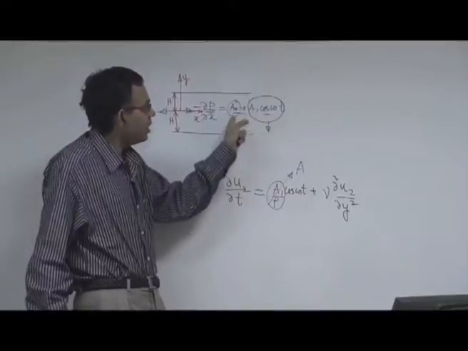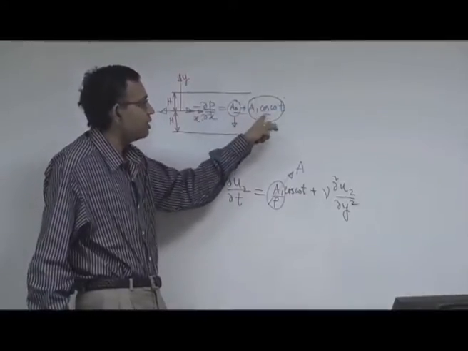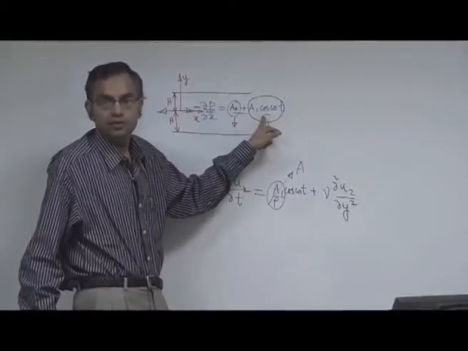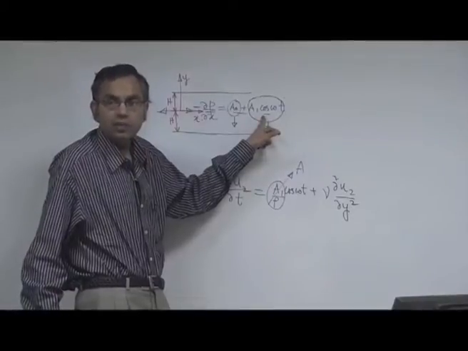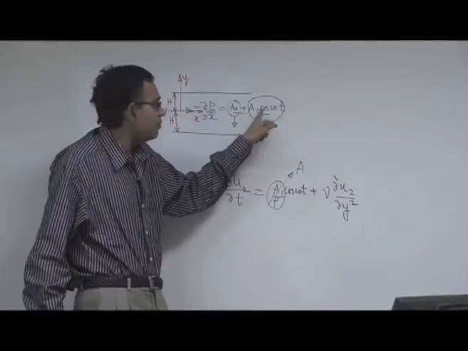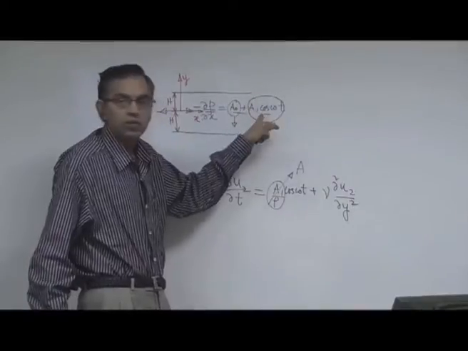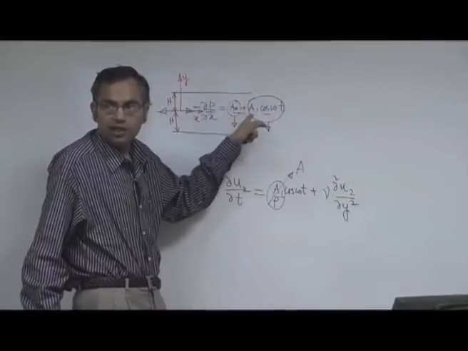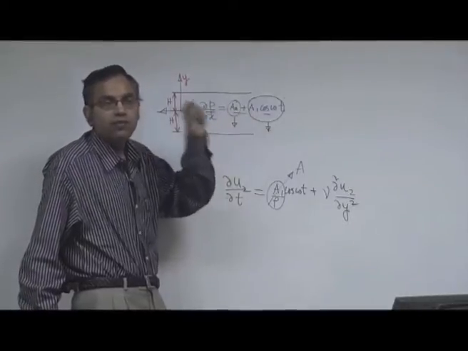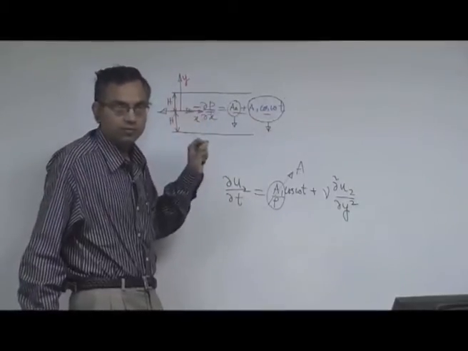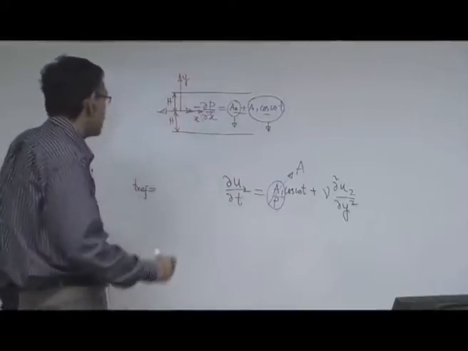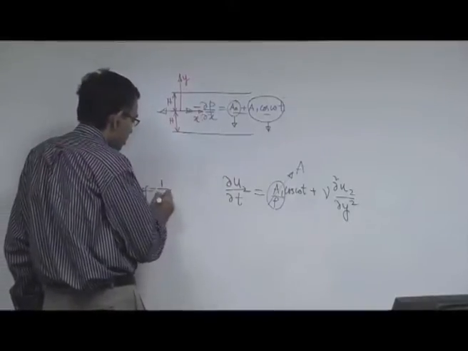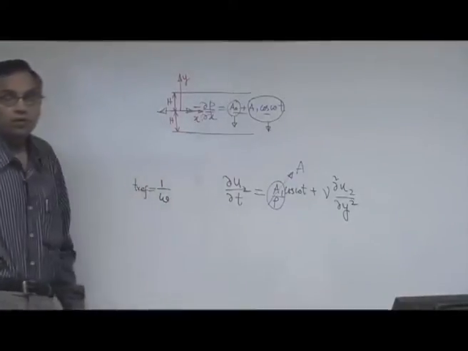Otherwise you can solve this problem, but this component is not important. If this is important, it must have emphasis of its own role. That means this unsteady part of the pressure gradient should influence the time scale of the problem. So that means T reference is 1 by omega.